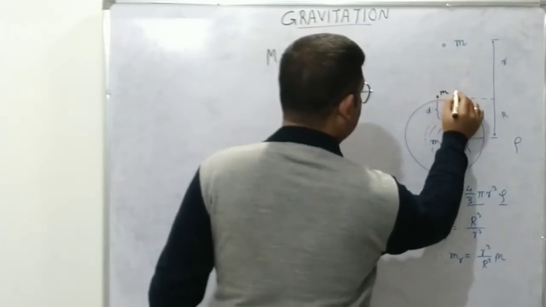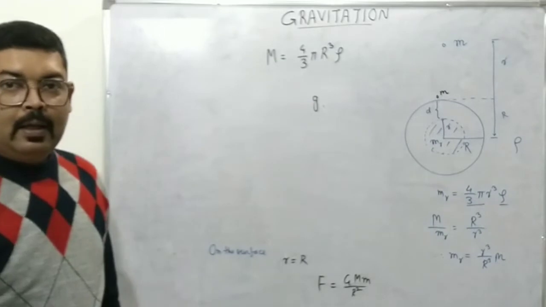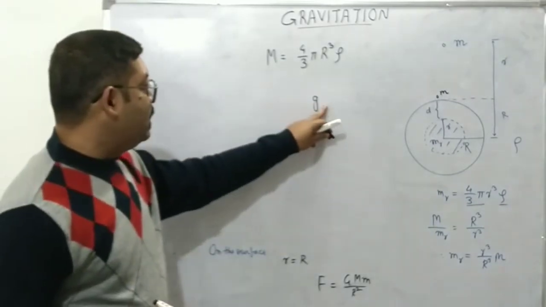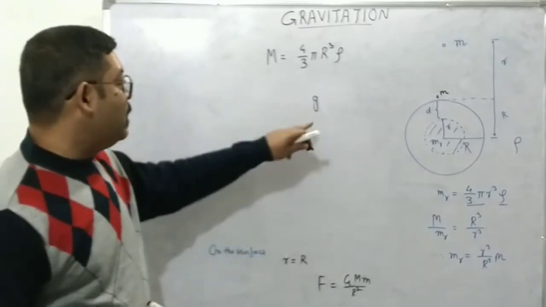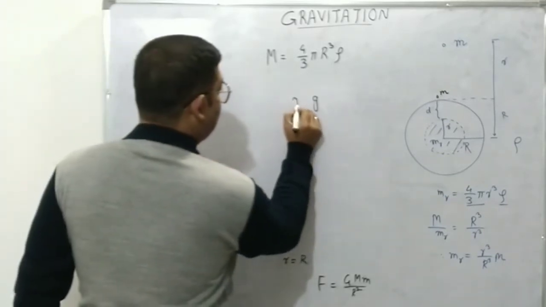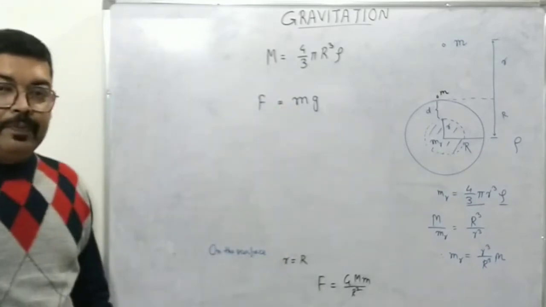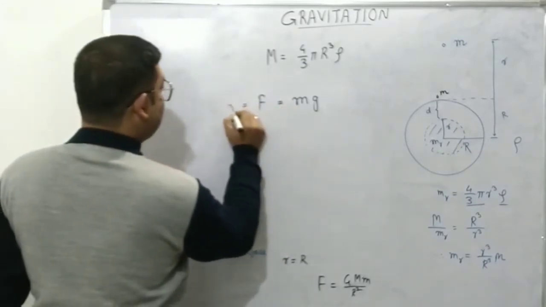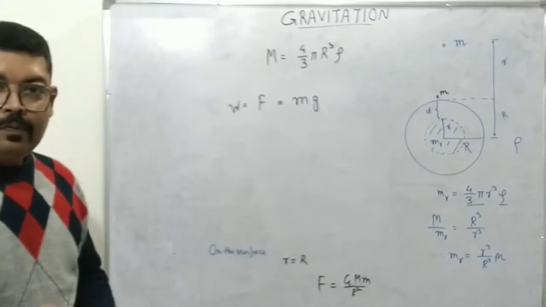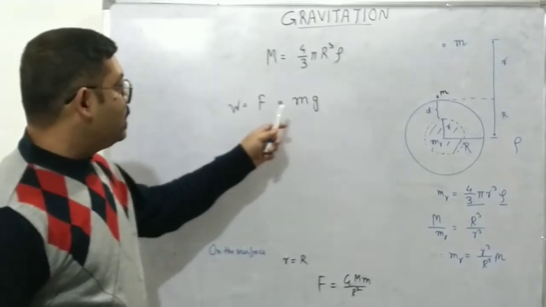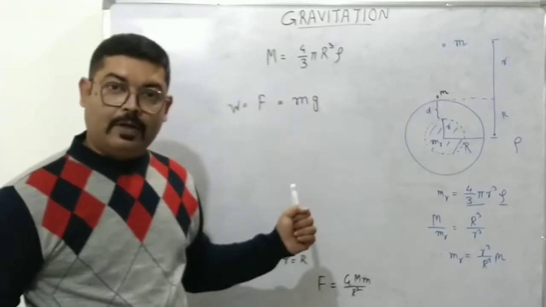Okay, now if the object of mass m was here, very close to the earth's surface, and we apply this expression, that is to say, if its acceleration is g and mass is m, then the force applied on this will be equal to mg, which is known as the weight of the object, right? Now, the weight of the object is mass into acceleration due to gravity.